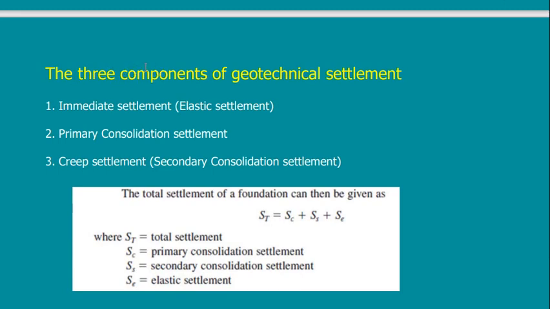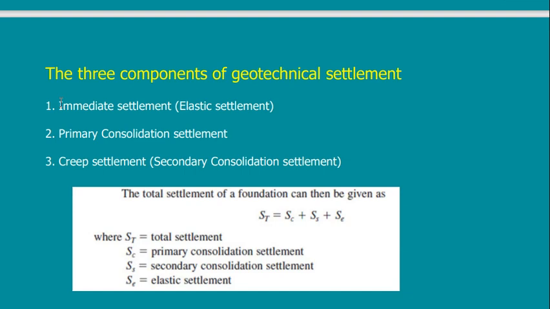We have three components for the settlement. What are these three components? Immediate settlement, similar to what I said at least 2 or 3 times today. What is the example of immediate settlement that may happen beneath any structure? In which type of soil?